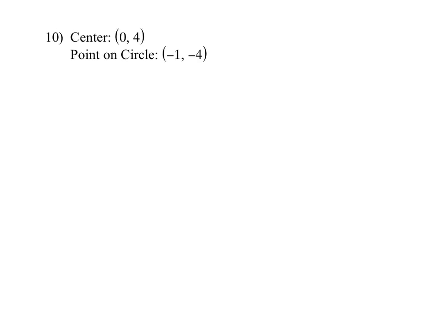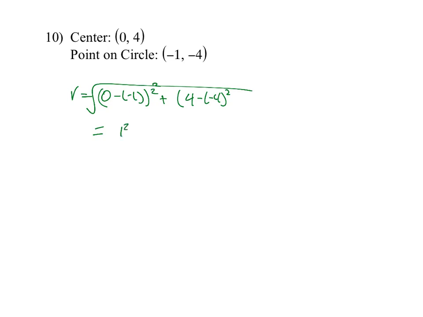That's the next one. So you're going to have a center point of a circle and a point on it. That means I'm going to start by finding the radius. So the radius equals the square root of 0 minus negative 1 squared plus 4 minus negative 4 squared. So I have 1 squared plus 8 squared, so 1 plus 64 equals 65.